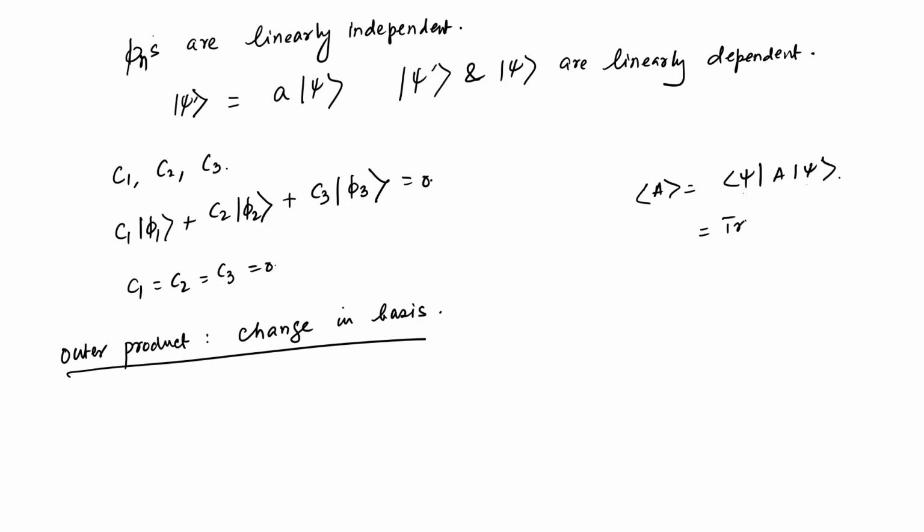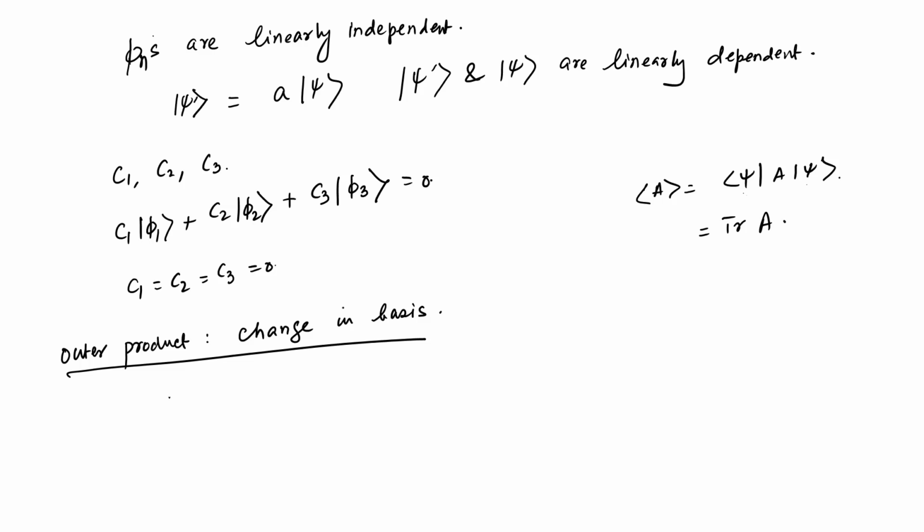Okay. So, trace of A, and this trace is the sum of the diagonal elements. Okay. And this trace is independent of the basis chosen, because trace of an operator should be independent of which basis you write, because that corresponds to a physically observable quantity.